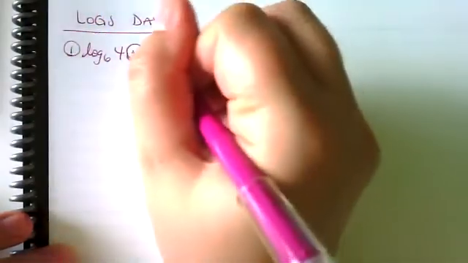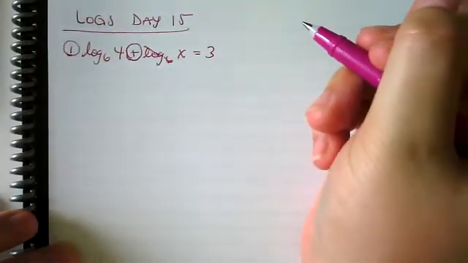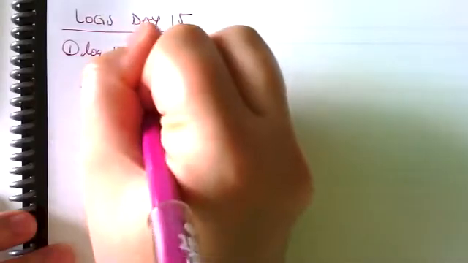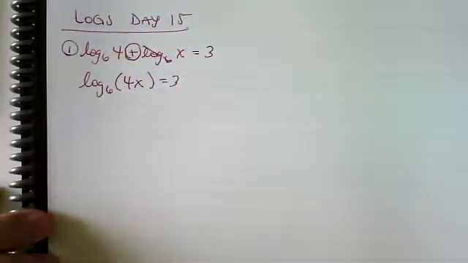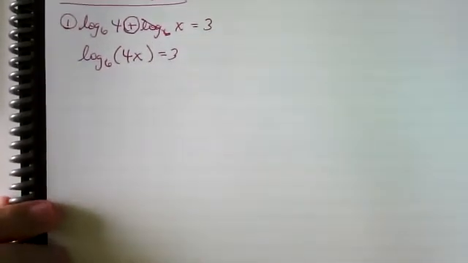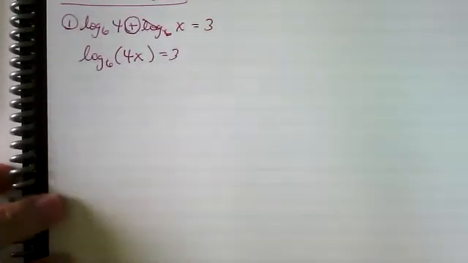So we have to change this addition sign and then get rid of this log right here. If you remember, addition turns into multiplication. So I've got log base 6 of 4x, because now I'm multiplying those two together, equals 3. And now this looks almost the same as what we did on log day 14, where I can just rewrite this.